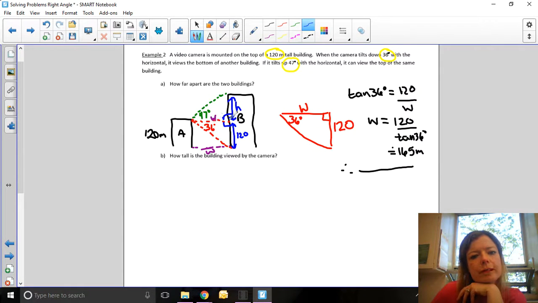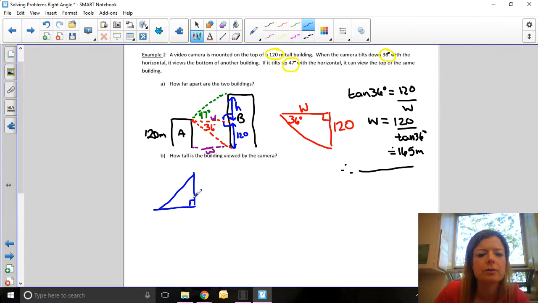We can use this side length and this angle to find this unknown height. I'm going to redraw that triangle. I just like redrawing the right angle triangles because it helps me visualize what I'm actually finding. So there's the height I'm trying to find. I know this is 165, and I know that this is 47 degrees. So I'm using tan again.